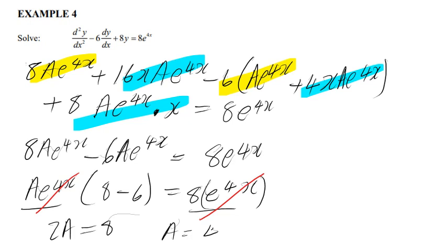So this a is the one that you're going to substitute back into YPI. You go to the YPI that you found, ae^4x times x, and substitute that a.